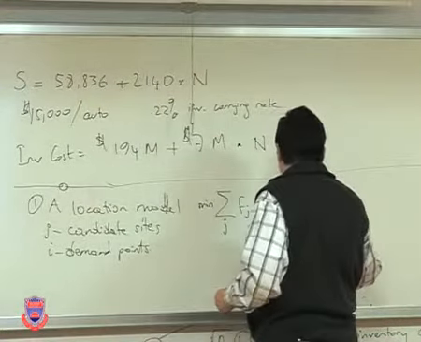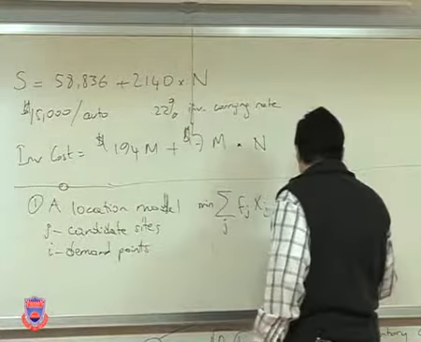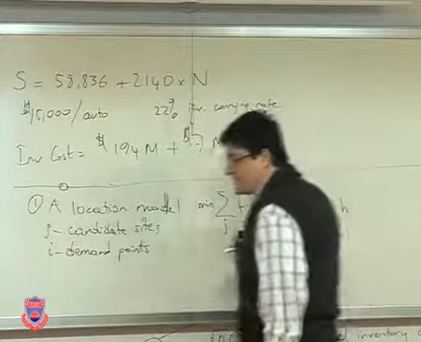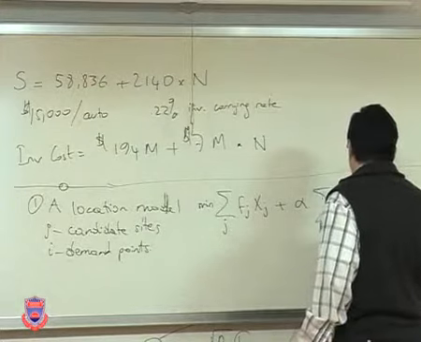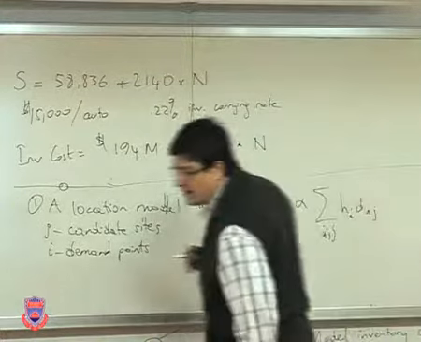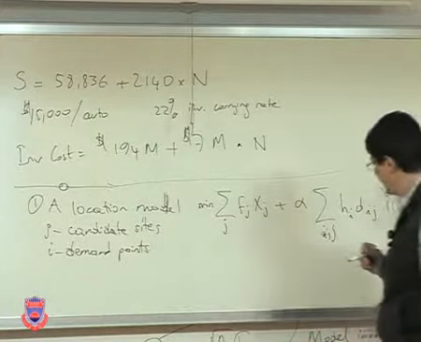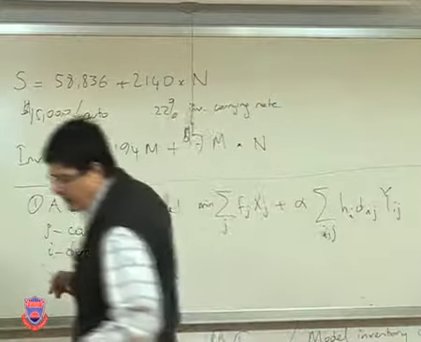Plus, we're going to have alpha times summation over all ij, hi times dij times yij. I will explain each term one by one.